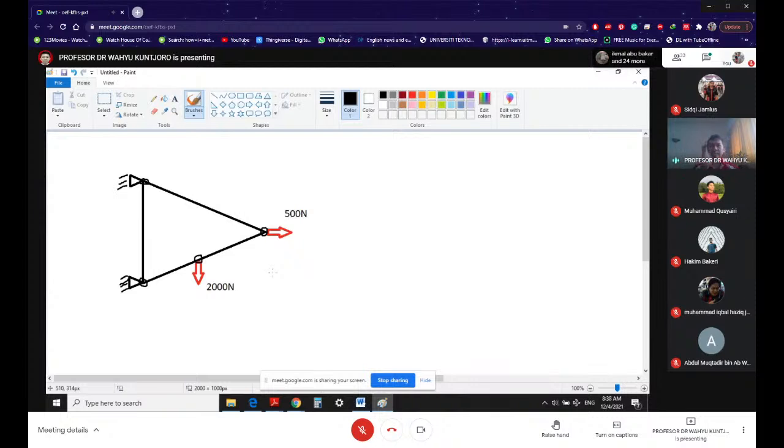So that's the proper way, if I may say so, the standard way of having node location, which is where you see an applied force, then of course you must have the node over there. Number two, the procedure is, if you see we have a support, then you must have the node over there.